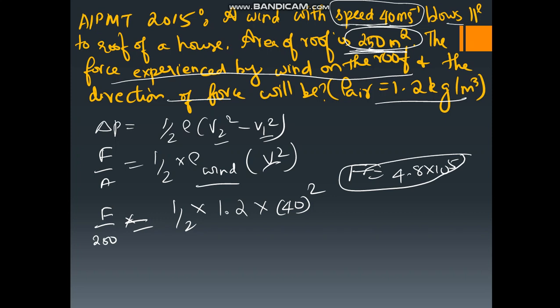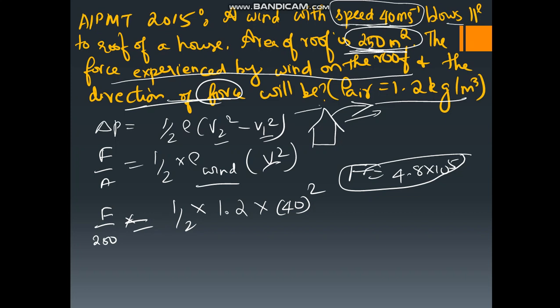And they are asking the direction of the force. In many news reports you would have seen that due to wind the roof has flown off. So what is the reason?